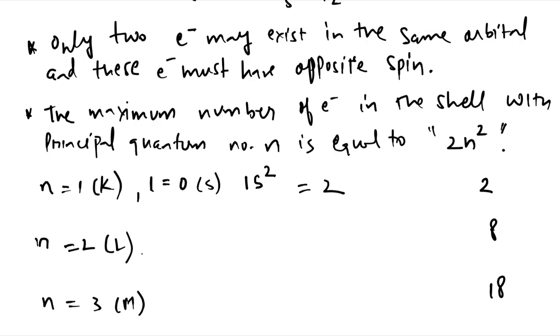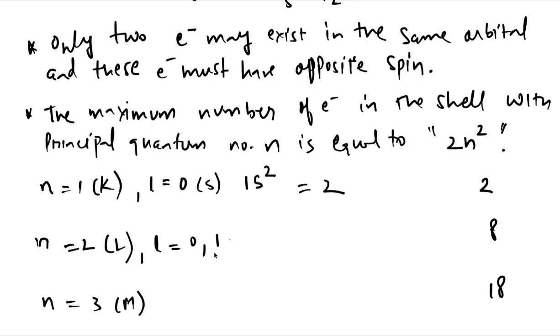For n equals 2, the possibilities of l are 0 and 1. If you recall, l is given by 0, 1 till n minus 1, right? So let me erase this to avoid any confusion. This was just a short recap of the rule. If you want to study it in detail, you can watch the previous videos.